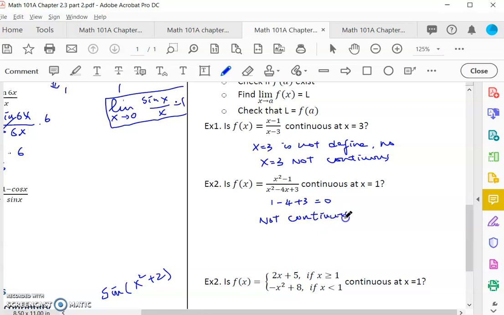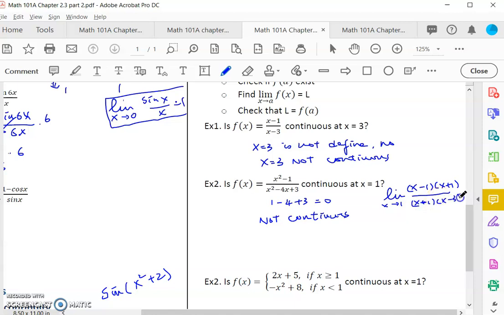Now, for this particular case, actually, you can find the limit. Why? When you do the limit as x approaches 1, you have the top factor as (x minus 1)(x plus 1). The bottom can be factored as (x minus 1)(x minus 3), right?